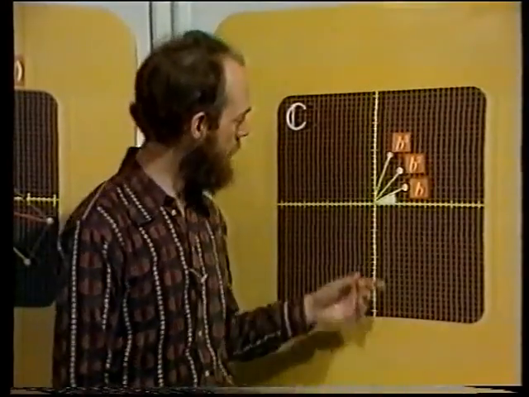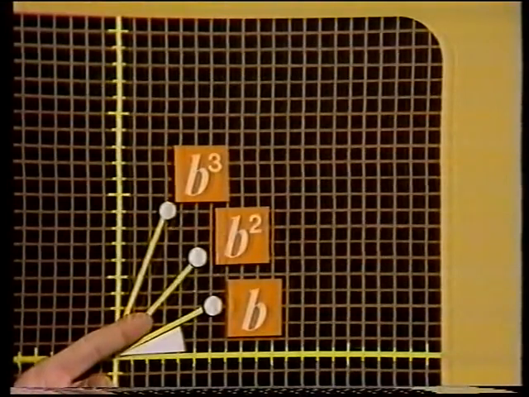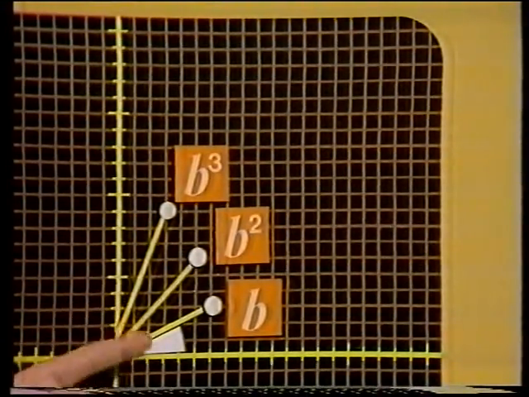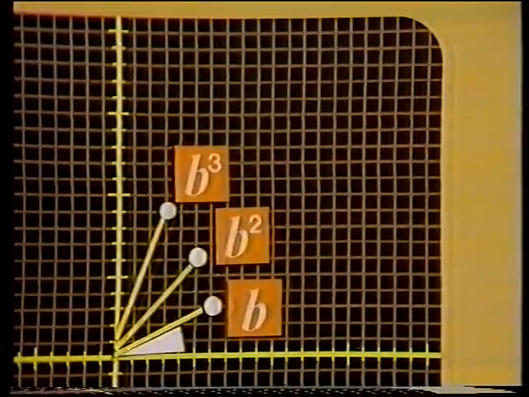Well, we know how to multiply complex numbers, so finding their powers is fairly easy. And I've started off here with b, and I found b squared and b cubed by adding the angles each time and multiplying the lengths. This is the start of a pattern, obviously. Now, how does it go on? Each time, the angle is the same, and the length is multiplied by the same amount.